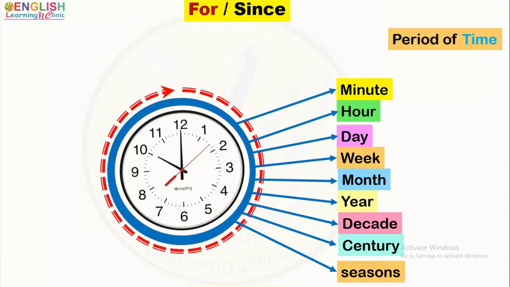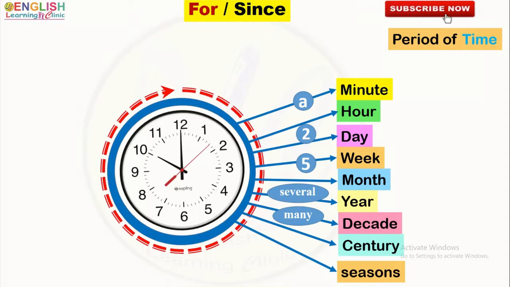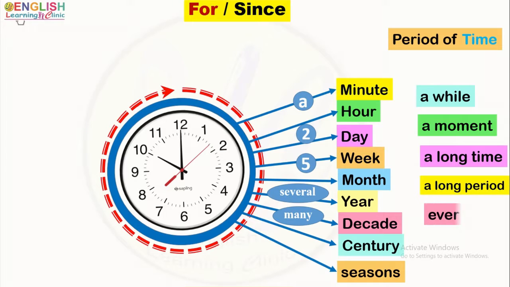That is, a minute, 2 hours, 2 days, 5 weeks, several months, many weeks, 2 decades, a century, 2 seasons. For example, I have been reading for 3 hours. He has been working here for 5 years or many years. Other time expressions indicating period of time are a while, a moment, a long time, a long period, ever.